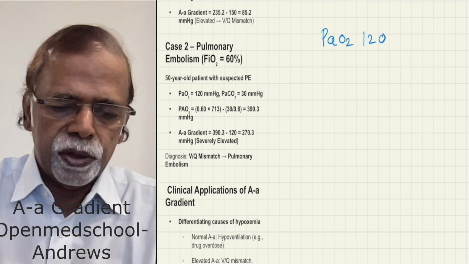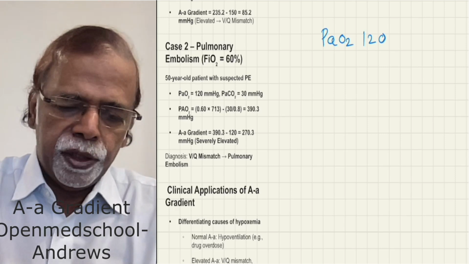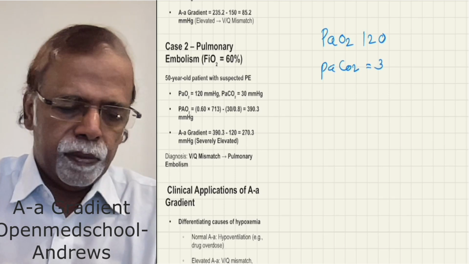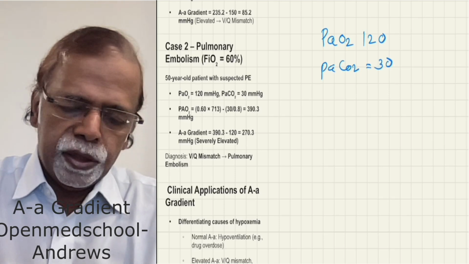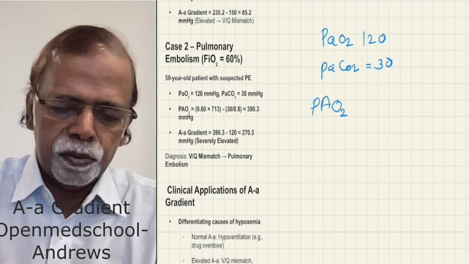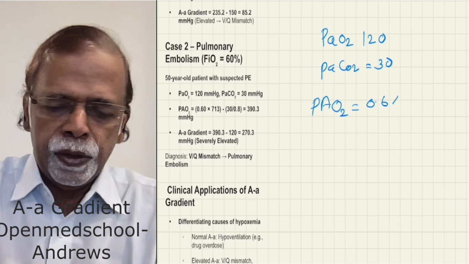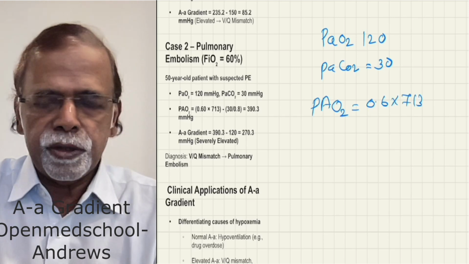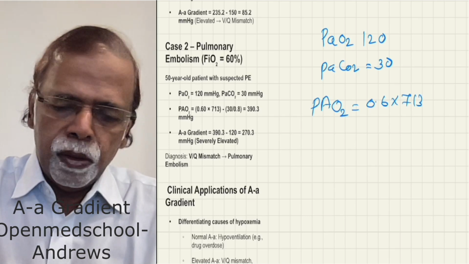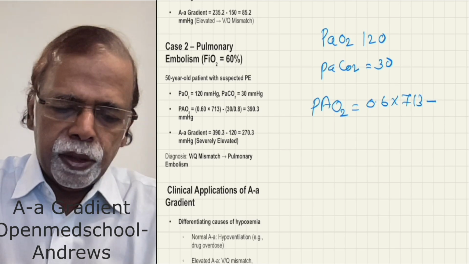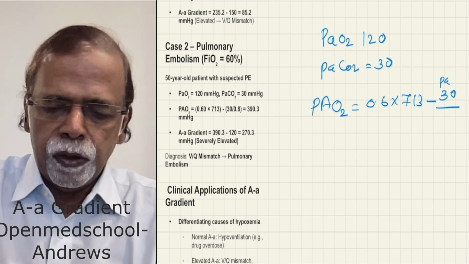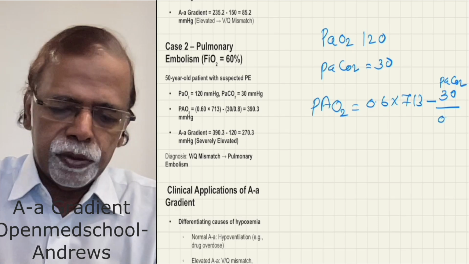There is no hypoxemia, actually there is hyperoxia. PaCO₂ is 30. So what is the PAO₂? Alveolar oxygen tension is equal to 0.6 into 713, that 713 is 760 minus 47, the water vapor pressure, minus 30, the PaCO₂, divided by the respiratory quotient.